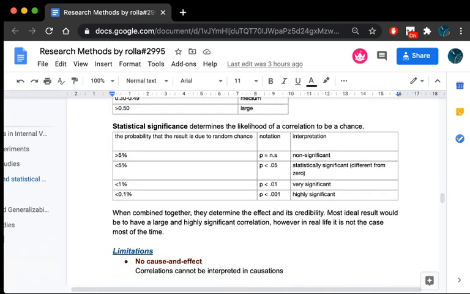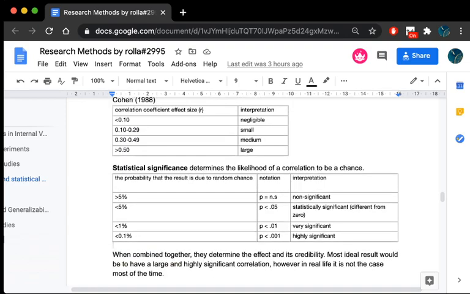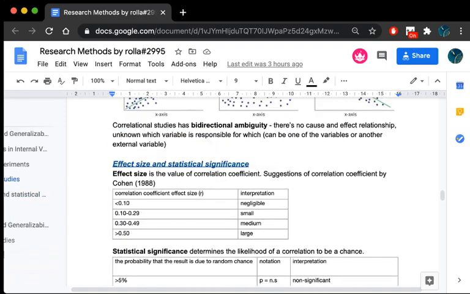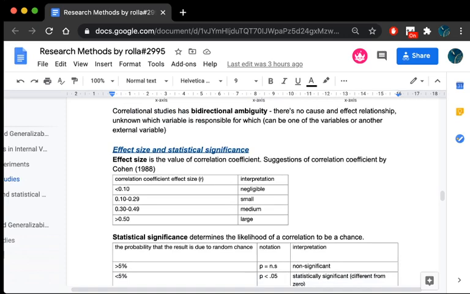Then there's also statistical significance, which is determined by the p-value. The thing with data is that when you take data, there's a chance that the correlation you found has a chance of being random. I'm not sure if I explained that correctly.